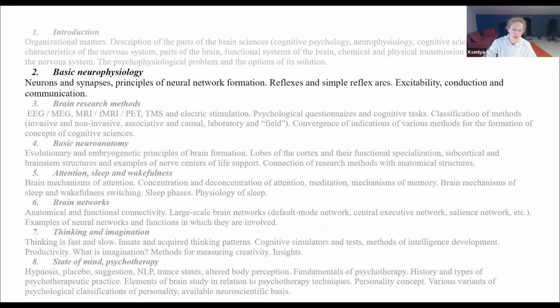Today we are going to talk about basic neurophysiology, so some information about neurons and synapses. Then we will have basic methods of studying the brain, the basics of neuroanatomy of the brain, and 4 lessons with the focus on cognitive sciences and higher brain functions.